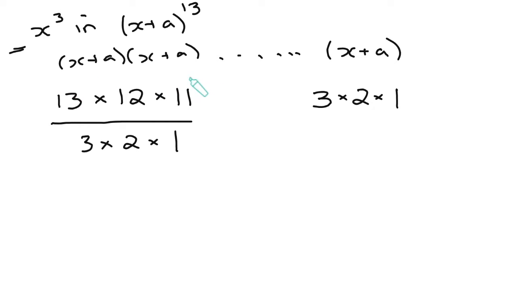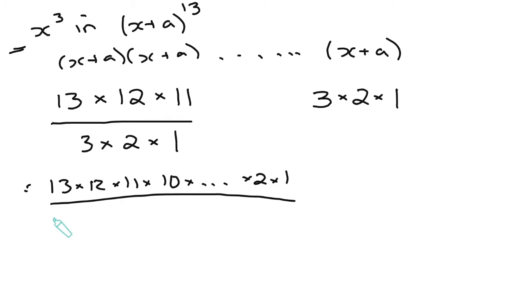Right, so okay, so this is what we've got. And I want you to see that that is the same as, well, I could go 13 times 12 times 11 times 10, and I could go all the way down to times 2 times 1. And if I put that over our 3 times 2 times 1 that we've got there, just going to put that in brackets to show you.